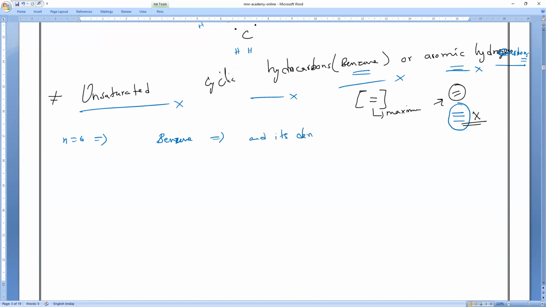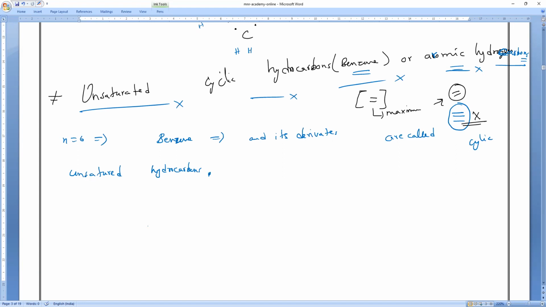Benzene and its derivatives are called cyclic unsaturated hydrocarbons, or unsaturated cyclic hydrocarbons, also called aromatic compounds.